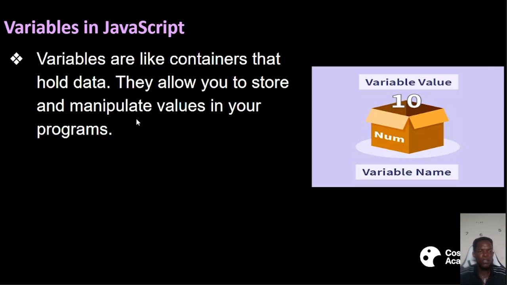So variables are like containers that hold data. They allow you to store and manipulate values in your programs. Let's use a family as an example. In your family, you have different names. Everybody has a name.